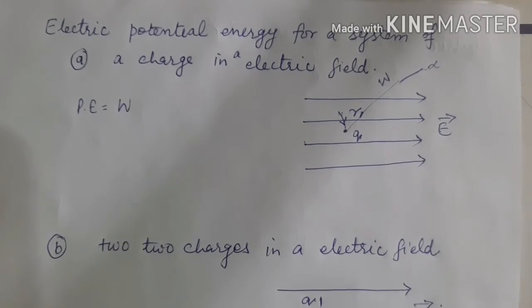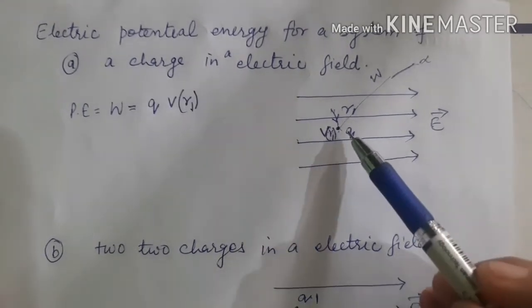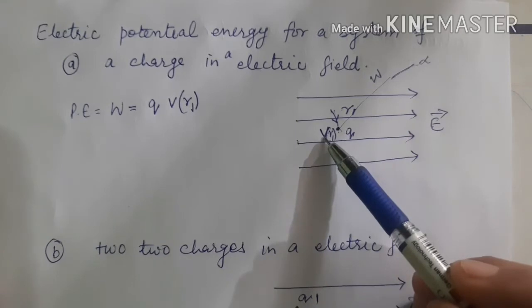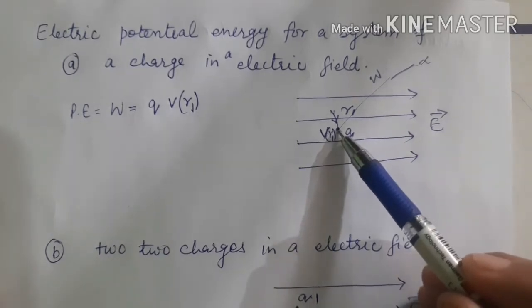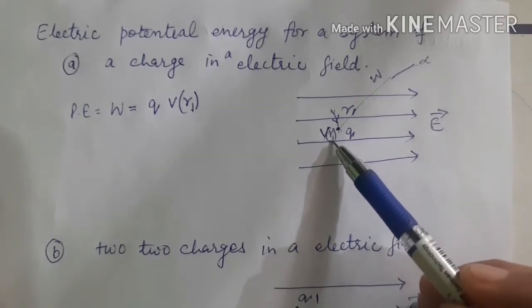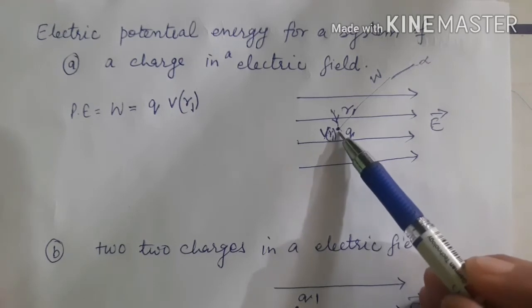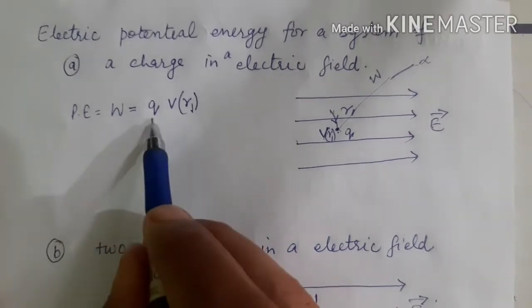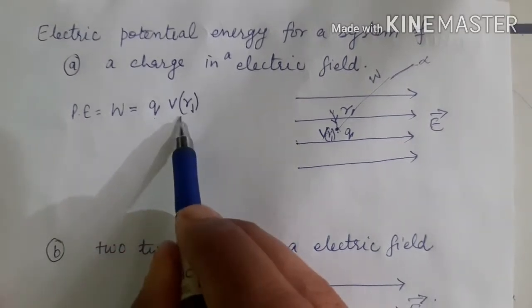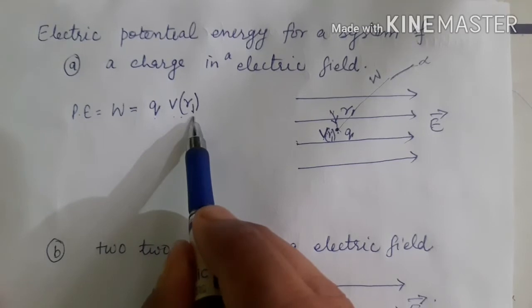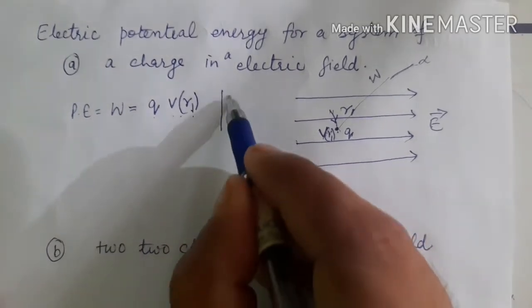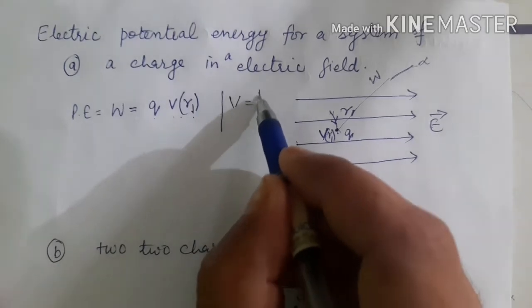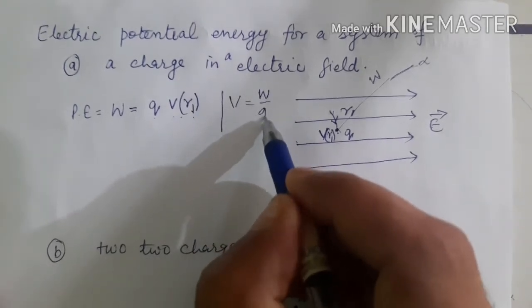Now let V be the potential at this point, or VR1 is the potential at this point. Then the potential energy or the work done is equal to Q multiplied by the potential at that point. We know that the potential is the amount of work done per unit charge.